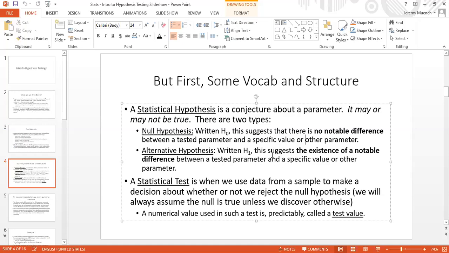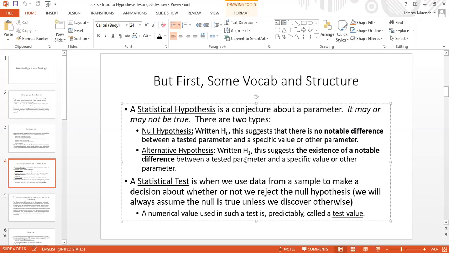But written H1, this suggests the existence of a notable difference between our test value and our assumed population value. And what that means is that whatever way we wanted to see if there was a difference, there ended up being evidence that there was one.